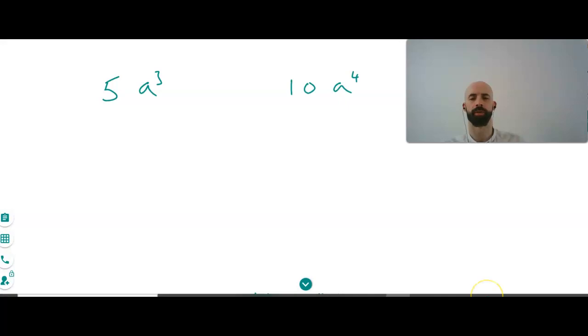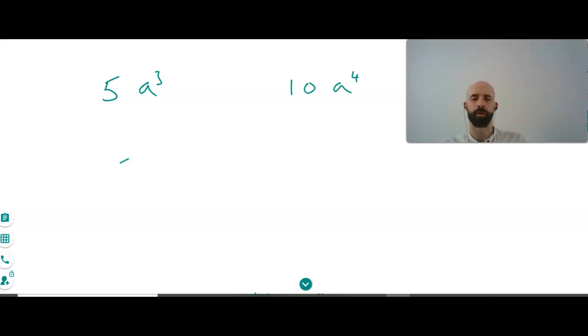Now, let's have a look at mixing letters plus numbers here. So in terms of common factors for numbers, I've got 5, 10 and 15.